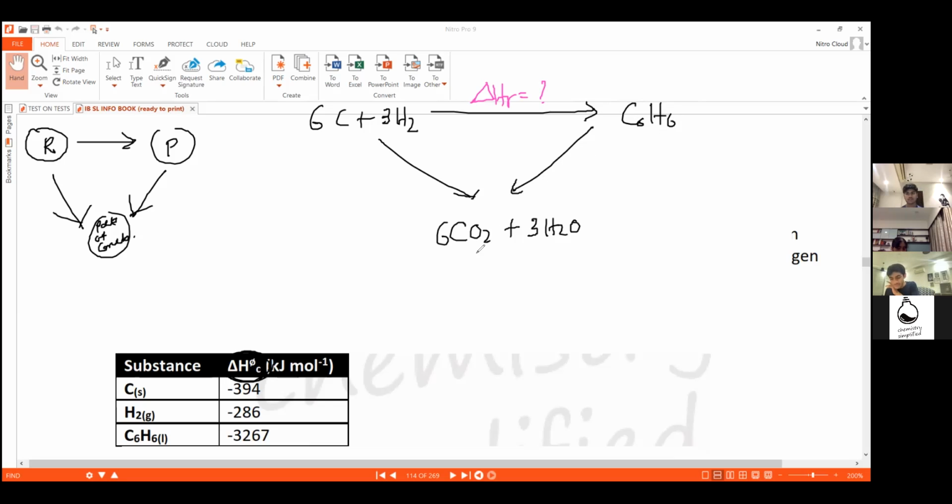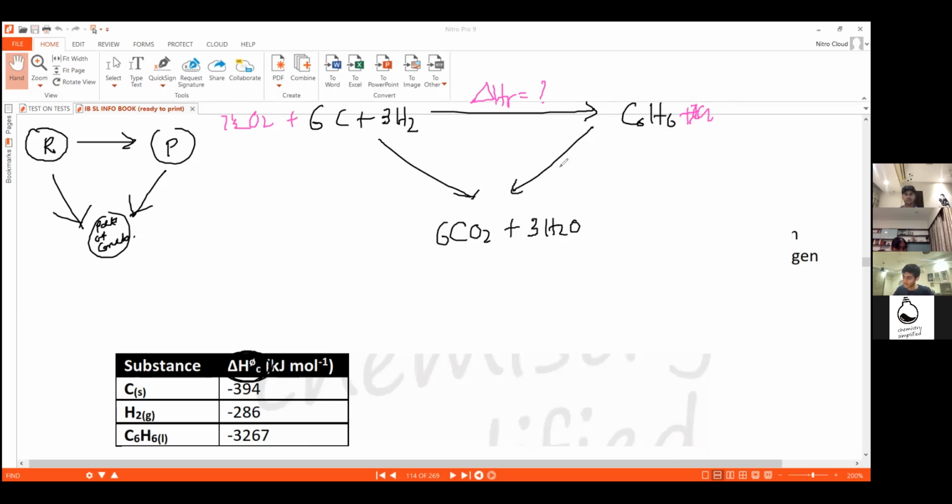One more thing I forgot, that you need to balance. You can write whatever number of moles of oxygen on both sides, because oxygen is missing on this side. It will be 6, 12, 12 plus 3, 15, so 7.5 oxygen here and 7.5 oxygen here.